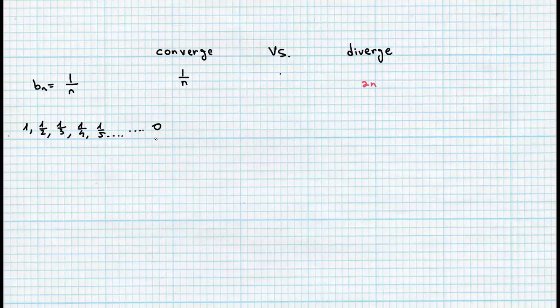When I talk about convergence, it doesn't have to be only 0. It can be any number. It can be a positive number. It can be an irrational number. Any type of number.